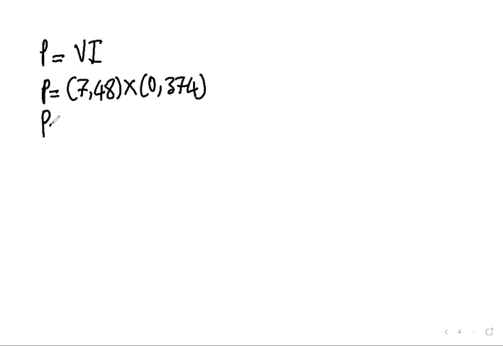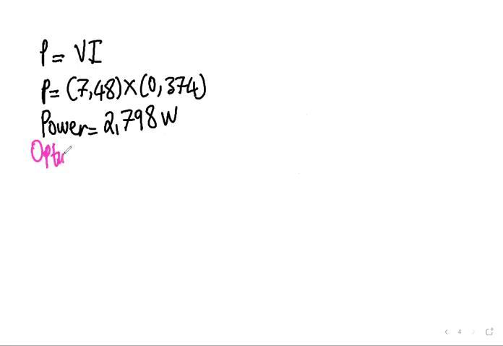Let's see what the answer is. 7.48 multiplied by 0.374 is 2.798, right? So it's going to be 2.798. Power is measured in watts, right? So that is option number 1.